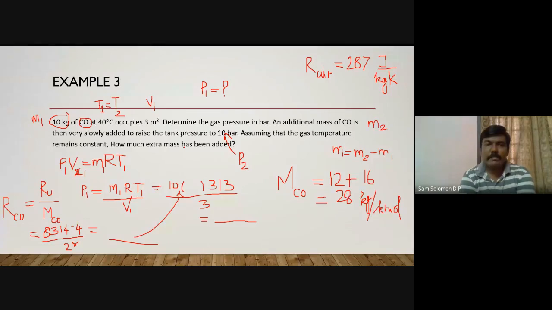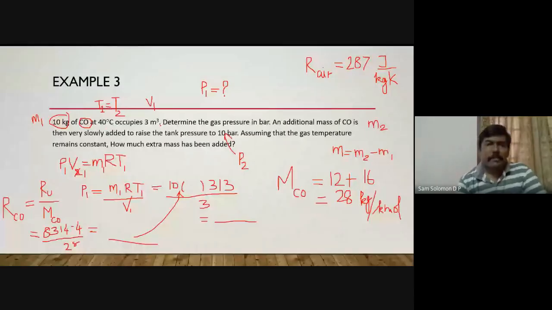What they have given is the P2 value. The value of R is going to remain the same. The temperature is also going to remain the same, and we need to find out the value of the mass M2.